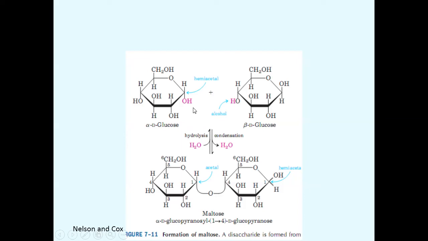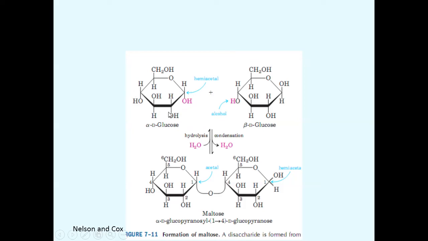So let us first see the structure of alpha-D-glucose. Carbon 5 is linked to carbon 1, the aldehyde carbon, through this oxygen bond. Let us now see the hydroxyl groups. Since this is alpha-glucose, the hydroxyl of carbon 1 projects below the plane of the ring.